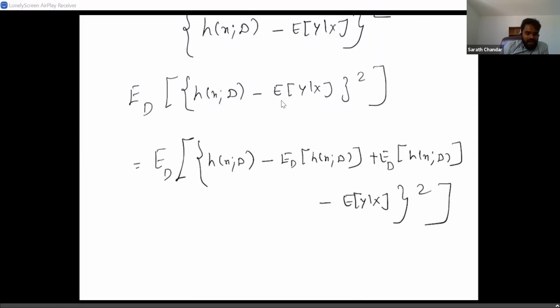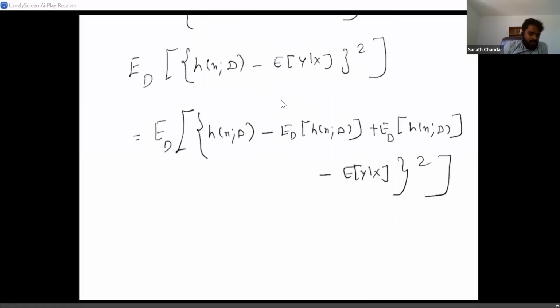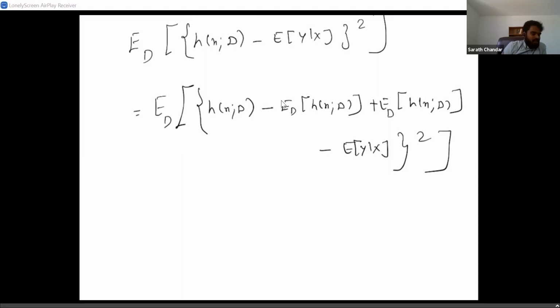So I have just added and subtracted the second and third term, which are the same, right? So the left hand side is still the same as the right hand side. So we will do the same process here. We'll consider this as A, we'll consider this as B. So it's A plus B the whole square, right?